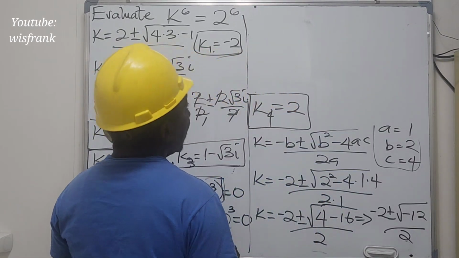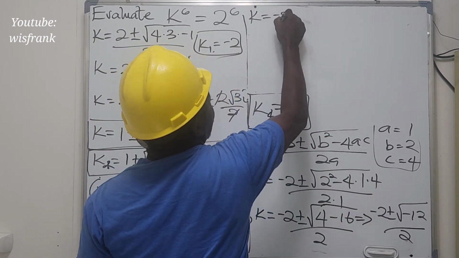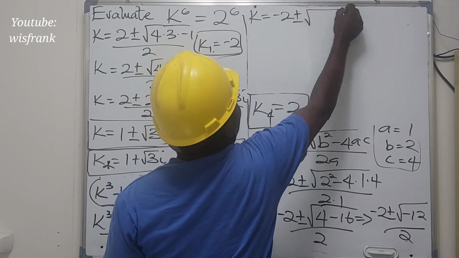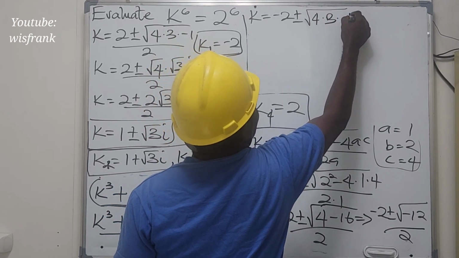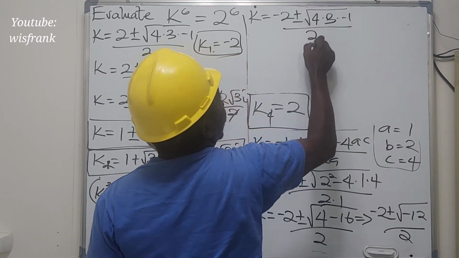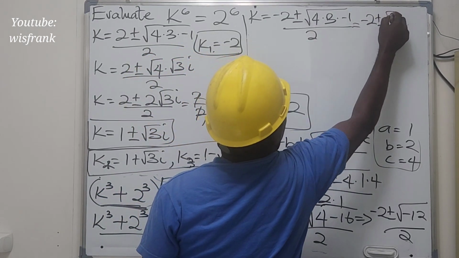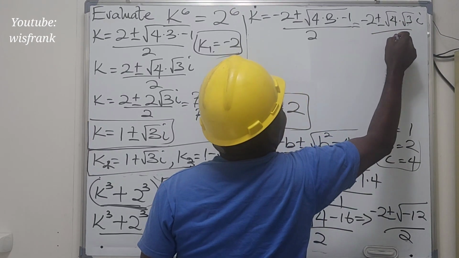So from here, we can clean this. We have a value of k equal to minus 2 plus or minus root 4 times 3 times minus 1, all over 2. This is the same thing as minus 2 plus or minus root 4 times root 3 i, all over 2.